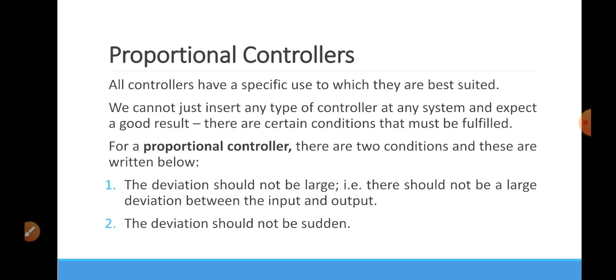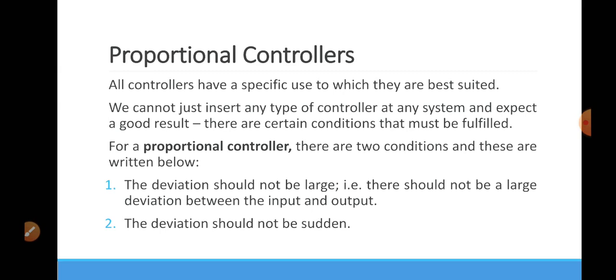Now for a proportional controller there are two conditions, given below. The first condition is that the deviation should not be large. That means the deviation between input and output should not be very large. What do we mean by deviation? Deviation is nothing but the difference between the two values. So your value of input and your value of output should not deviate by a large number. You cannot tolerate it.